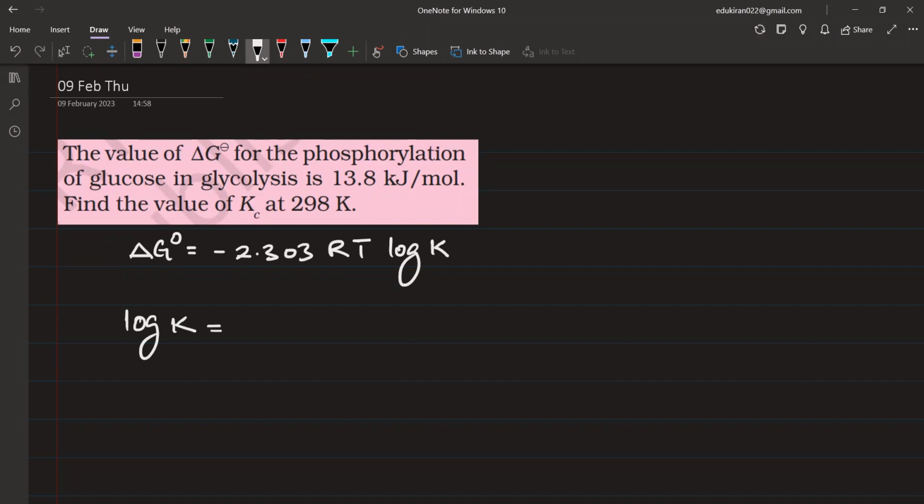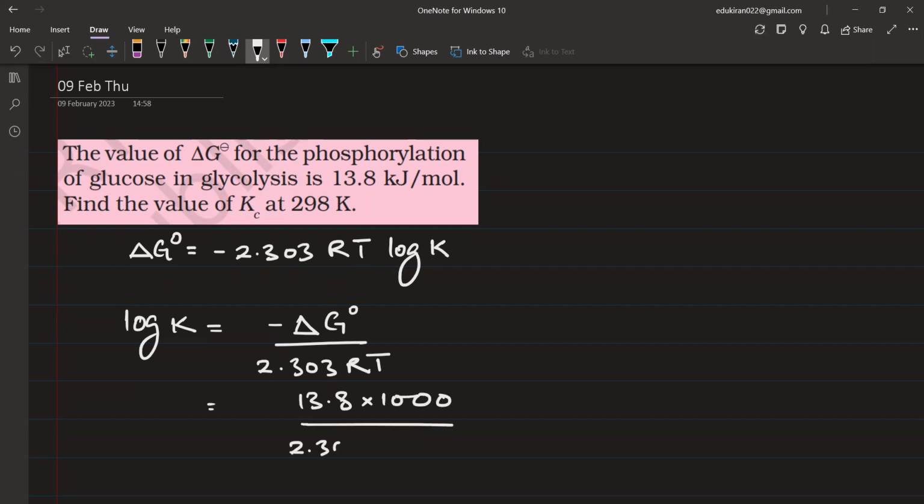So log K will be equal to minus of delta G naught upon 2.303 RT. (13.8) This is kilojoule. किलोजूल है तो इसको यहाँ पे 1000 से मल्टीप्लाई करना पड़ेगा to get it to joules per mole.